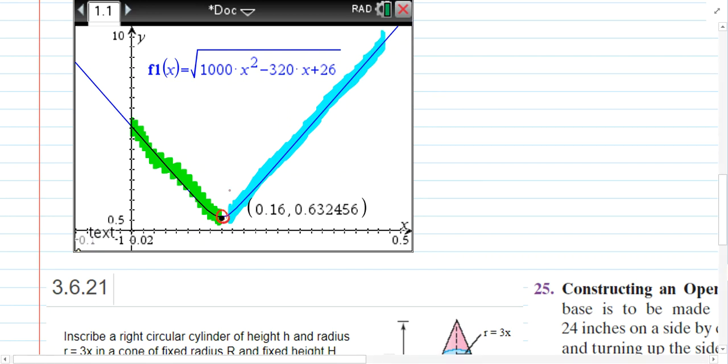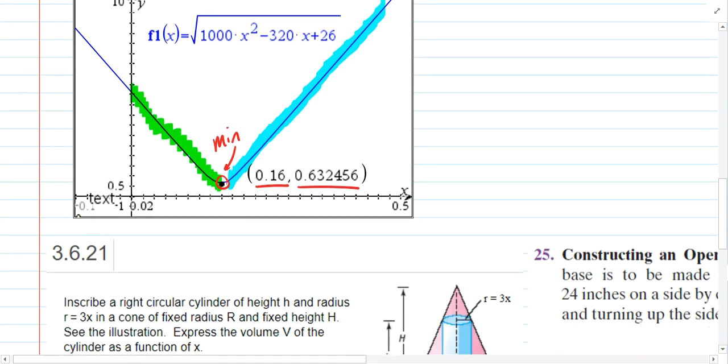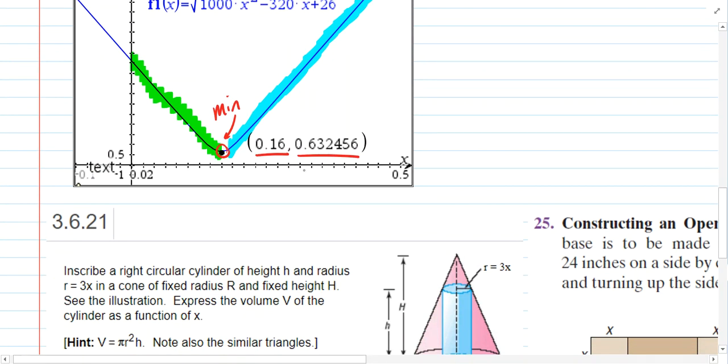So at this point, where the function changed from a decreasing function to an increasing function, we know we've reached a minimum, and visually we can confirm that too. And this minimum here is located at the coordinate 0.16, 0.632. So we have time and distance based on time.